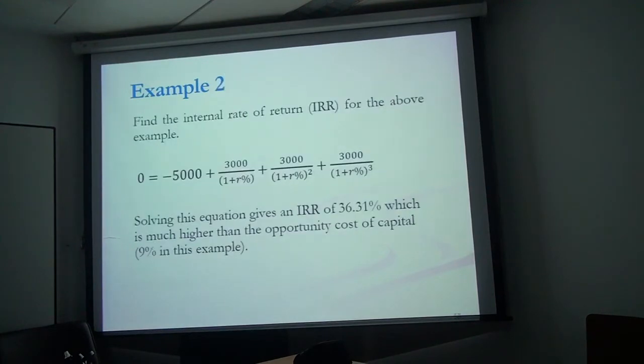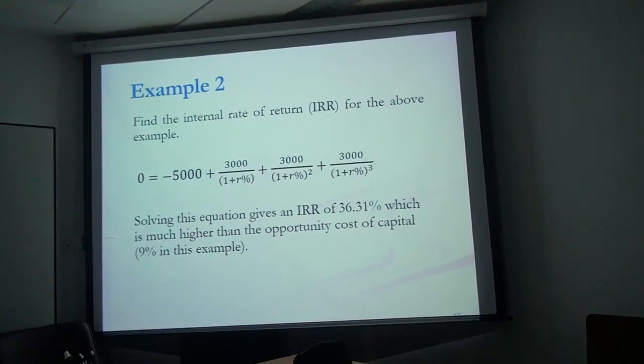The next example is the same example. We are asked to find the internal rate of return, and here we put net present value equal to 0, and instead of fixing the discount rate I, we are going to find this rate R. This kind of problem can be solved iteratively. We can assume some value of R, let's say 10%, and find the net present value.